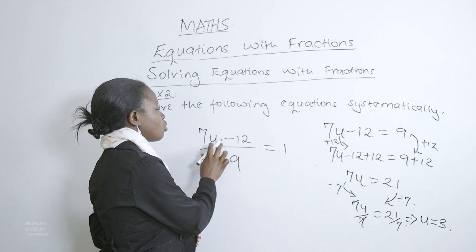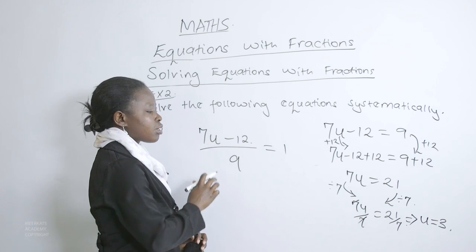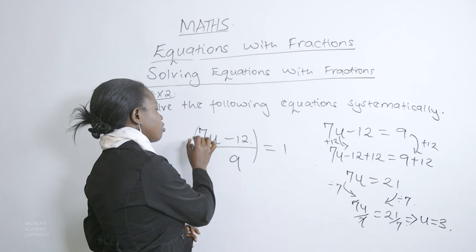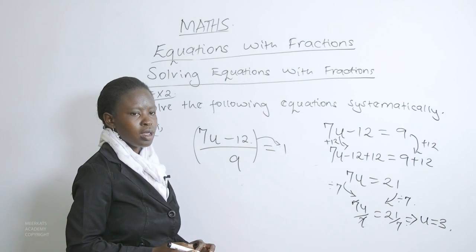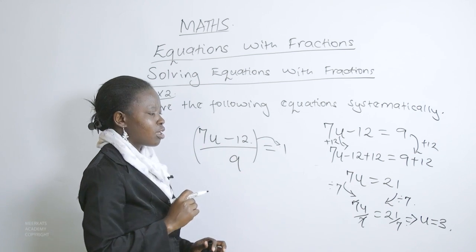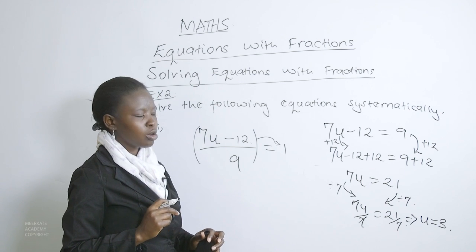So 7u minus 12 over 9 is equal to 1. Our u in this case is 3. We need to find out, is my left-hand side equal to 1, which is the value on the right-hand side.